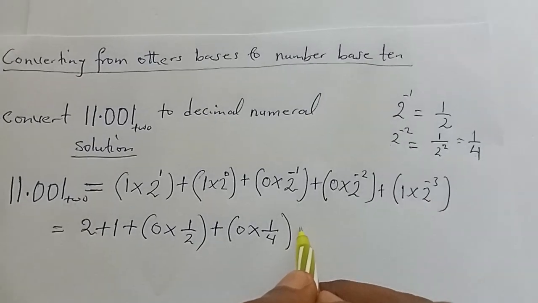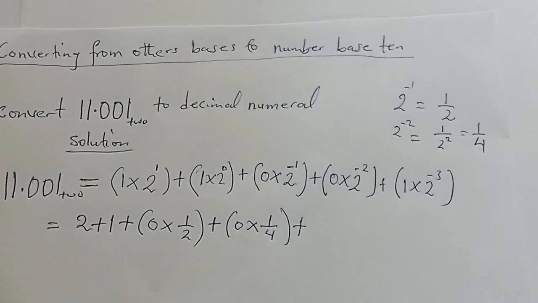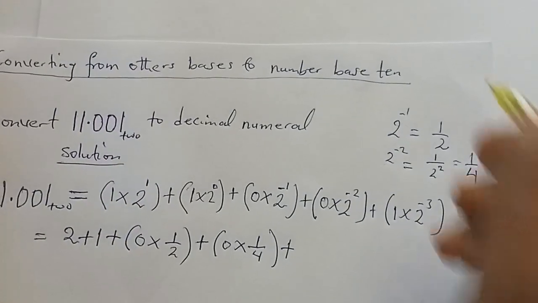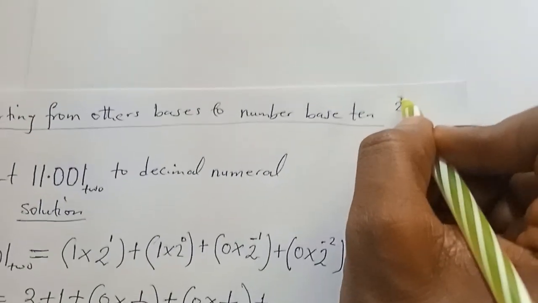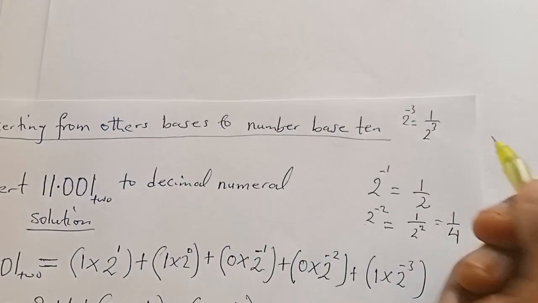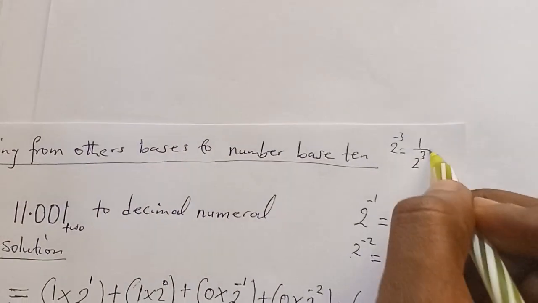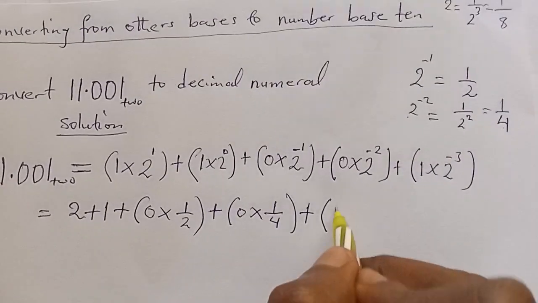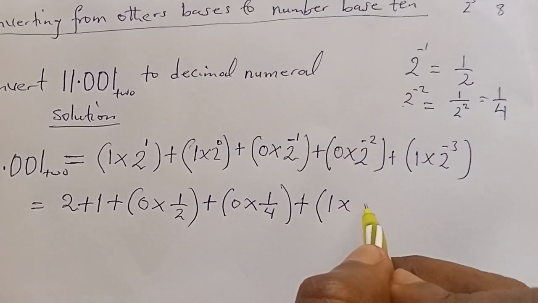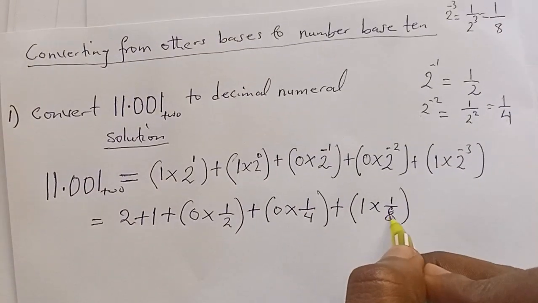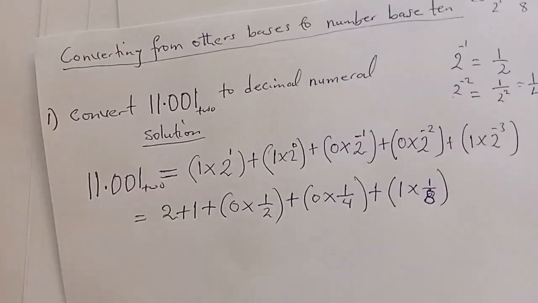Plus, the next one is like saying again, if you have 2 to the power minus 3, it is the same as 1 over 2 to the third power, which is 1 over 8, because 2 to the third power is 8. So this can be termed as 1 times 1 over 8.